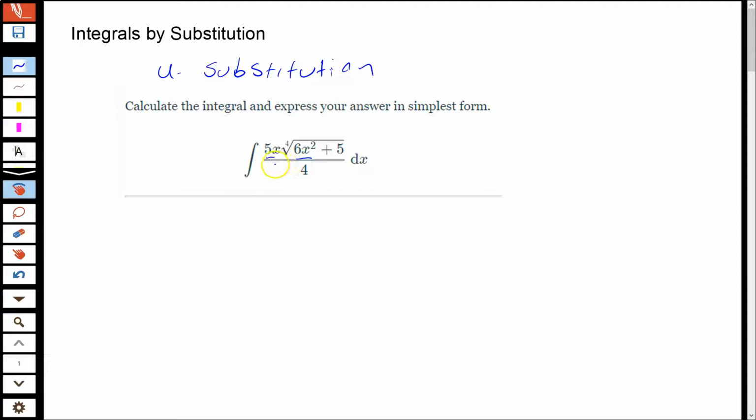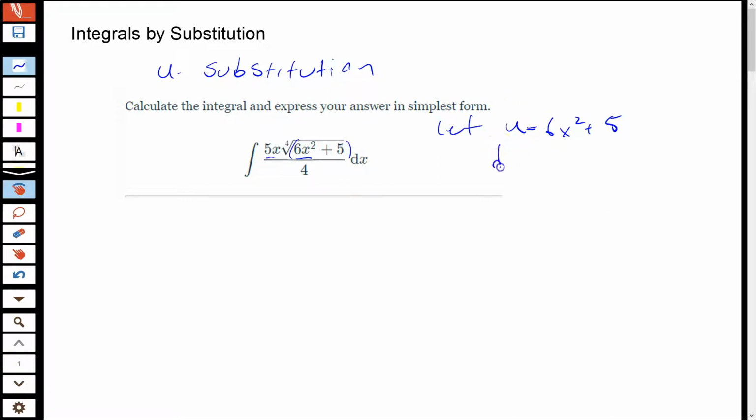And what we're going to do is be really smart, and we're just going to change variables here. So I'm going to let u, here's my u substitution, right? Let u equal 6x squared plus 5. So I've taken this inside function, and it's often an inside function that we let u be.